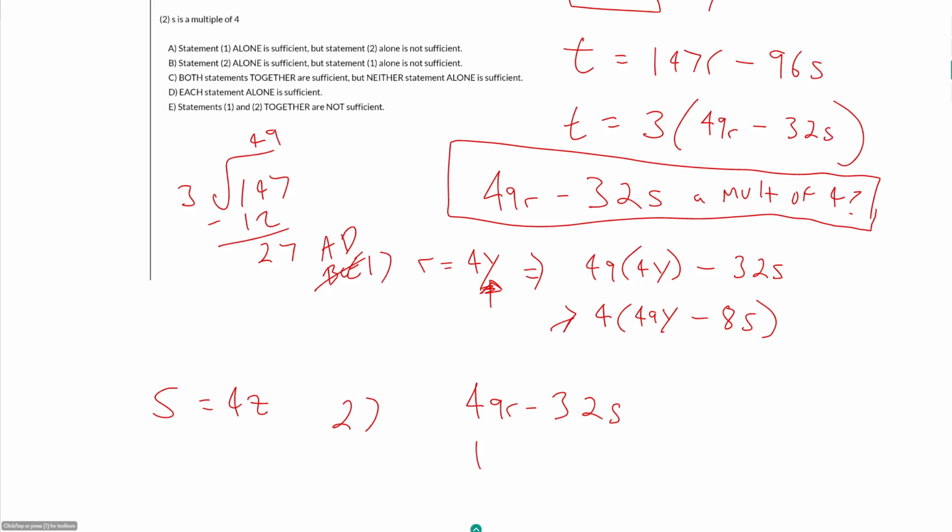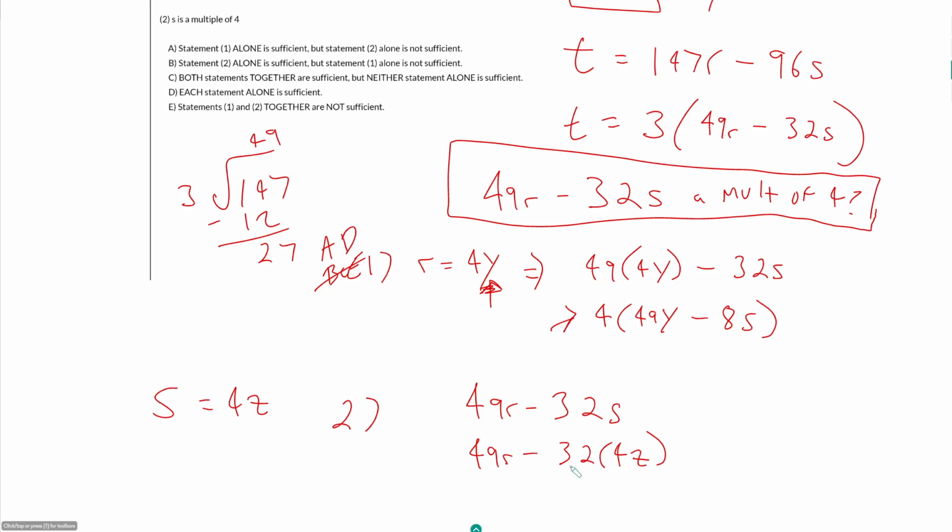So now we want to know, is 49r minus 32 times 4z a multiple of 4? Can I pull out anything from here? I don't think so, because this 49 is just made up of a bunch of 7s, and I don't have any 7s over here.